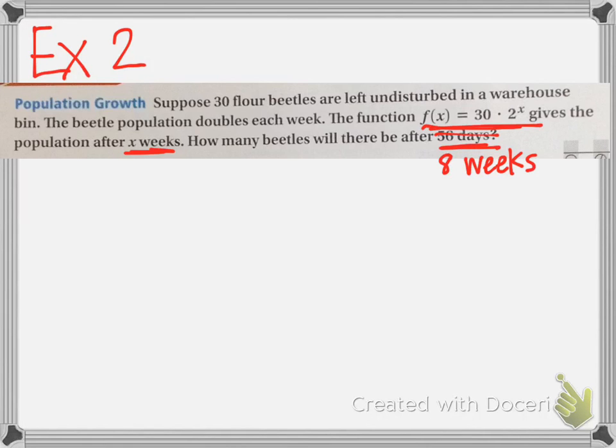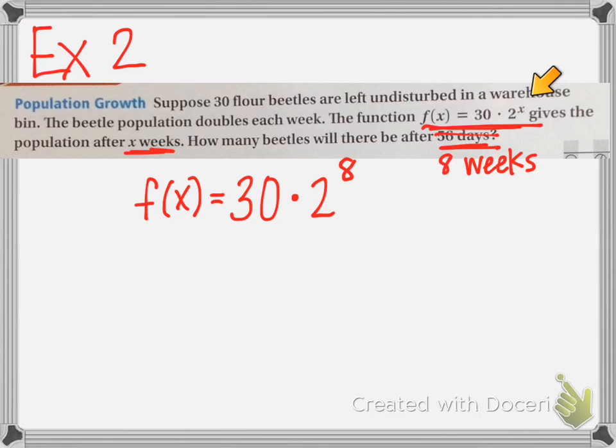Now, I know a lot of you, if you're doing that on a test, you're just going to put 56 in for X and see what you get. And that's going to be an answer choice, but it's going to be the wrong one. Alright, so you take 8 and you plug it in for X, because it says X weeks, and that's how many weeks we've got. So we're replacing the X with the number. So it's 30 times 2 to the 8th. And all I did was replace that X with the 8.